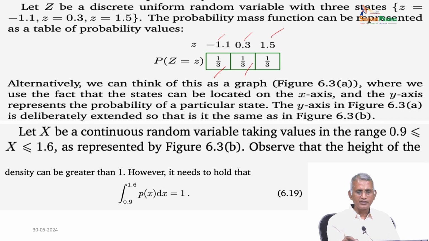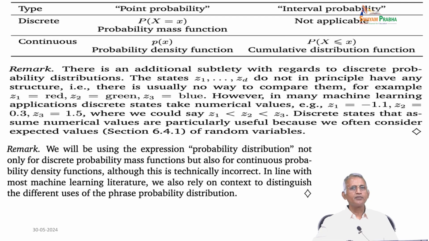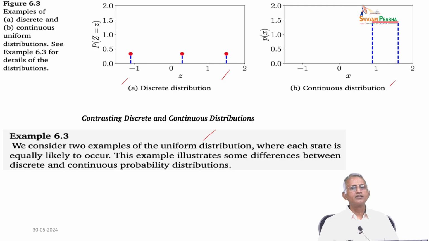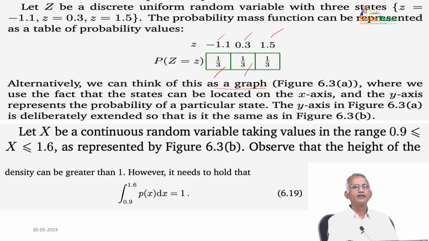Alternatively, we can think of this as a graph in the following figure, where we use the fact that the states can be located on the x axis, and the y axis represents the probability of the particular state. This is the corresponding picture of these ideas, corresponding to A and B, where 6.3a is discrete and 6.3b is continuous.